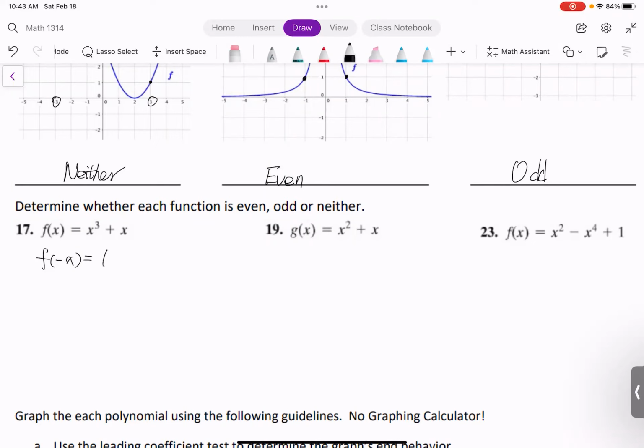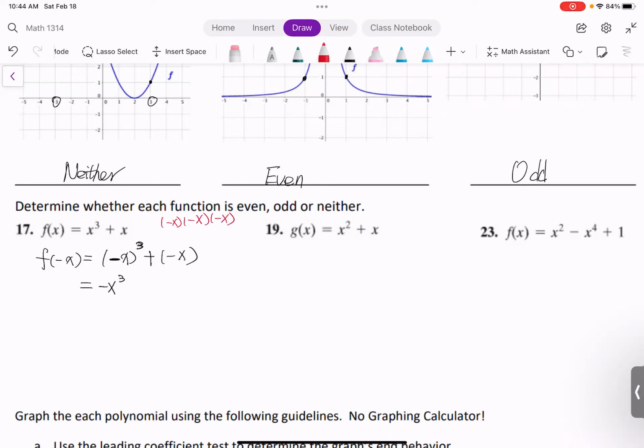Okay, input -x cubed plus -x. Simplify the expression. So the base is negative and cubed, that is -x cubed. If you don't remember how to do this, you can do -x times -x times -x.